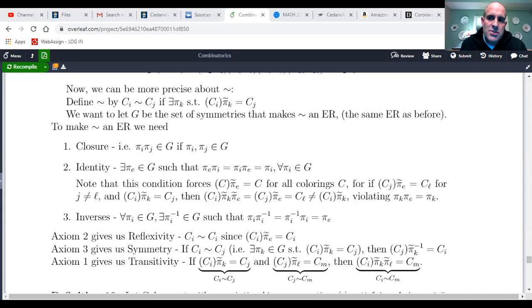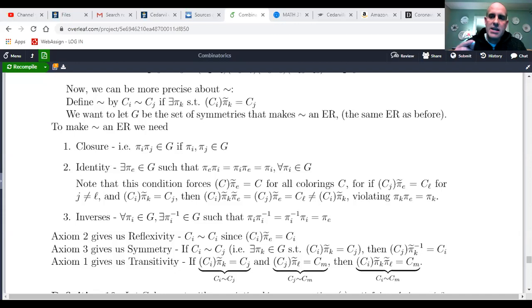So the permutations are permutations of four elements, and they induce a permutation on the colorings themselves, and there were 16 colorings. So technically speaking, pi k and pi k twiddle aren't the same thing. Pi k twiddle arises from pi k. So please just keep that distinction in mind.